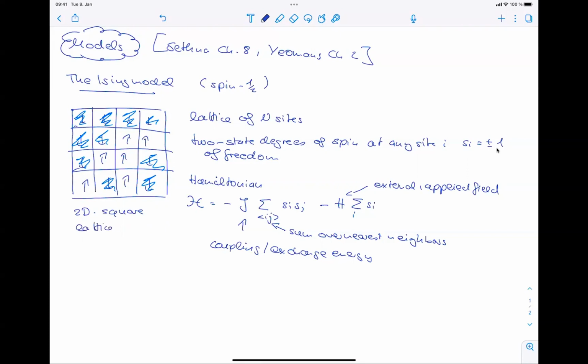But in principle, and I think I showed this already when looking into numerical results for the critical exponents, you can put the Ising model in various dimensions and on various lattices. But independent of the choice of the lattice and the dimension, what's the same is that you describe the system with this Hamiltonian.